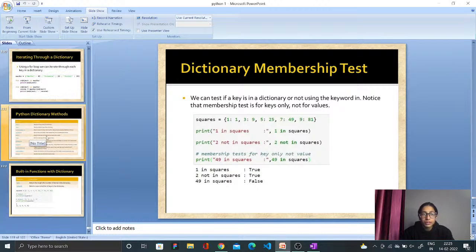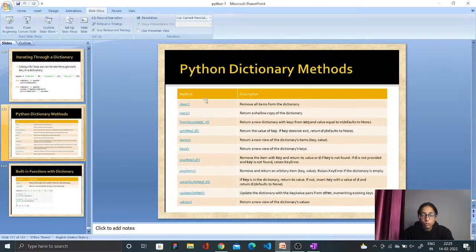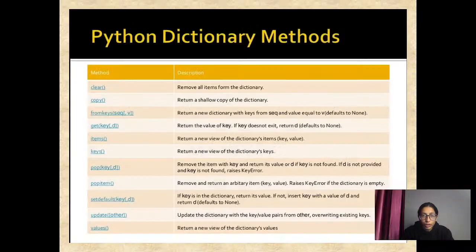Now, what are the methods of Python dictionary types? As always, like with tuples, lists, strings and sets, everything has the same part where the value and the key are obtained. So it has clear, copy, fromkeys, get, items, keys, popitem, setdefault, and update or values.